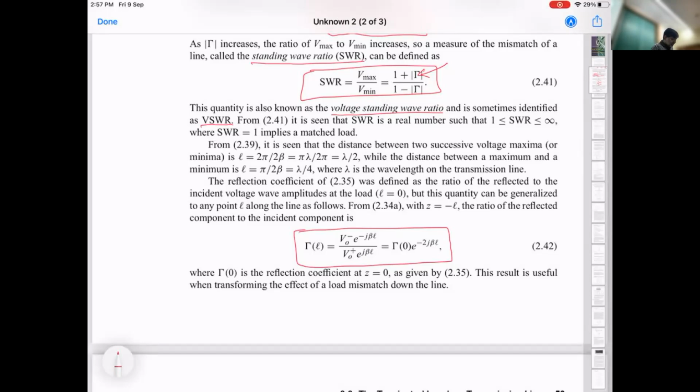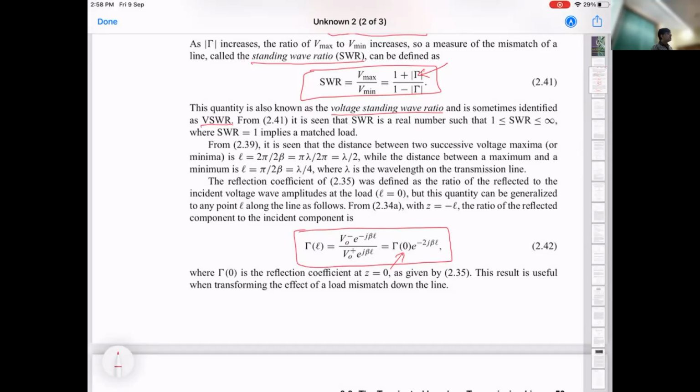So this is telling you that the reflection coefficient gamma of 0 at z equal to 0, which is what we are calculating, as you go away from it, varies with this phase factor e to the minus 2j beta L. And of course, if gamma is 0, then it doesn't matter, the whole thing is always 0.